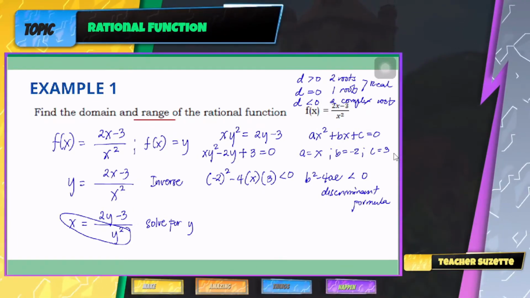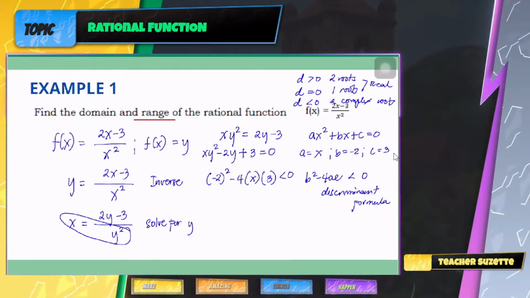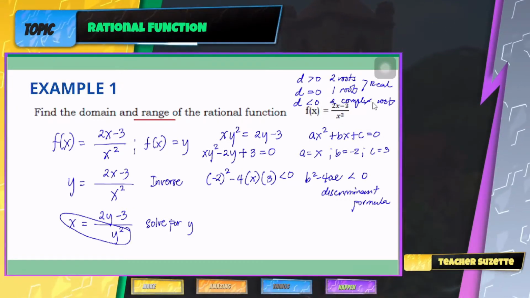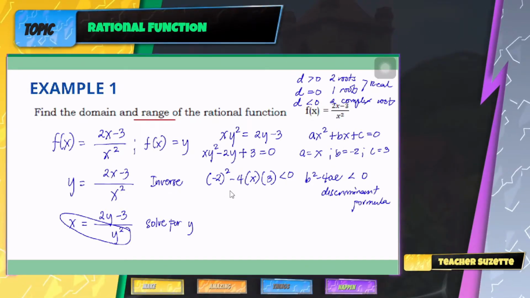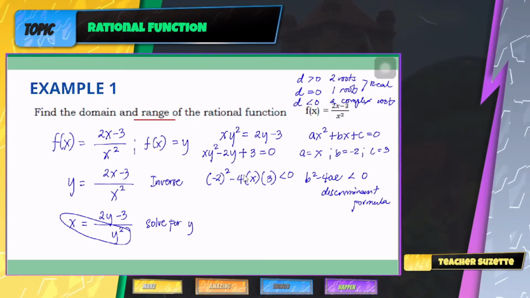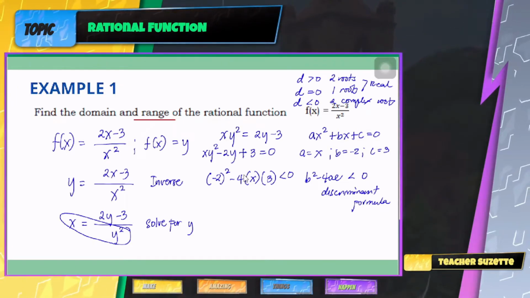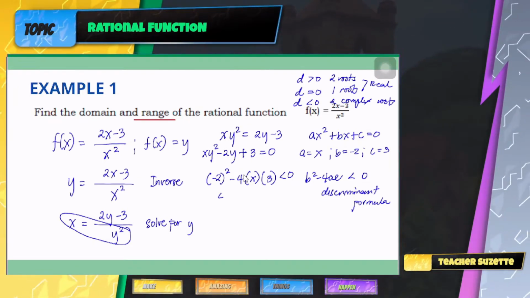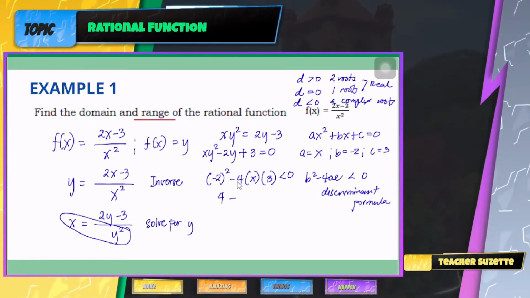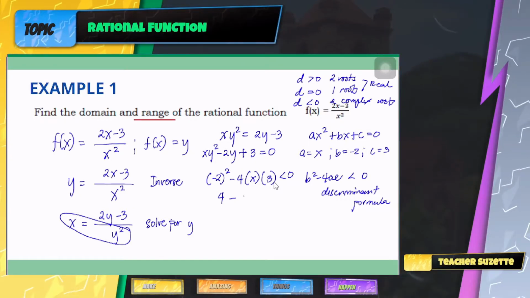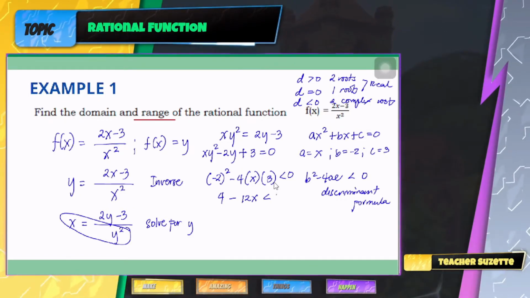We are trying to solve the restriction, the two complex roots that will not be part of the solution of our range. Simplifying, 4 minus 4 times x times 3, you will have 4 minus 12x less than 0.